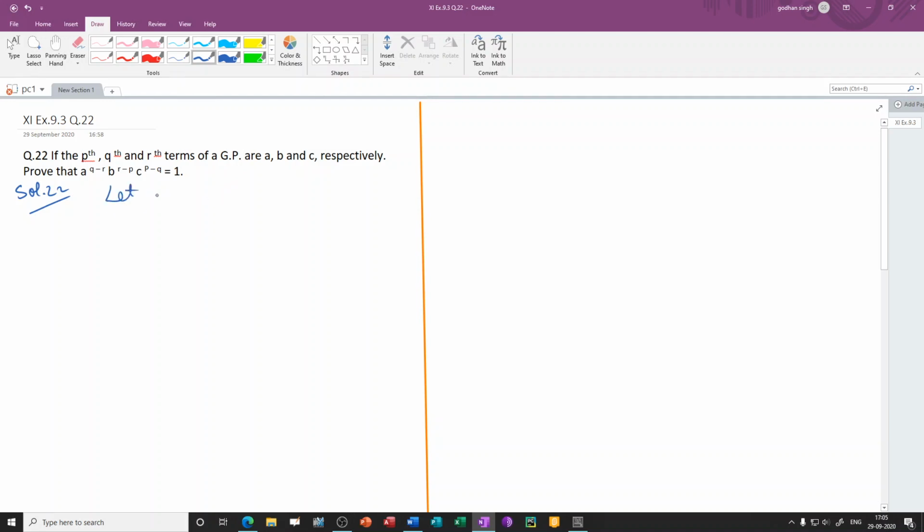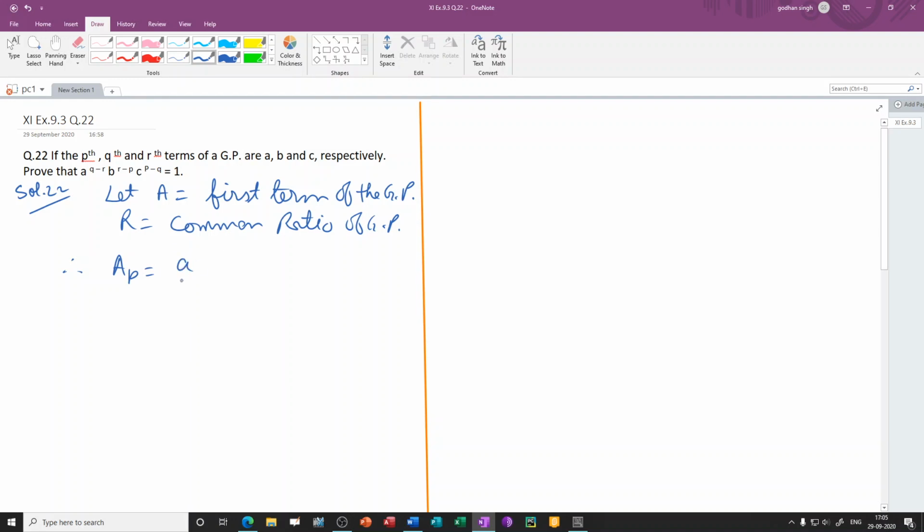Let capital A equal the first term of the GP, and let capital R equal the common ratio of the GP. So what is given to us, the pth term, that is Ap, is equal to small a.